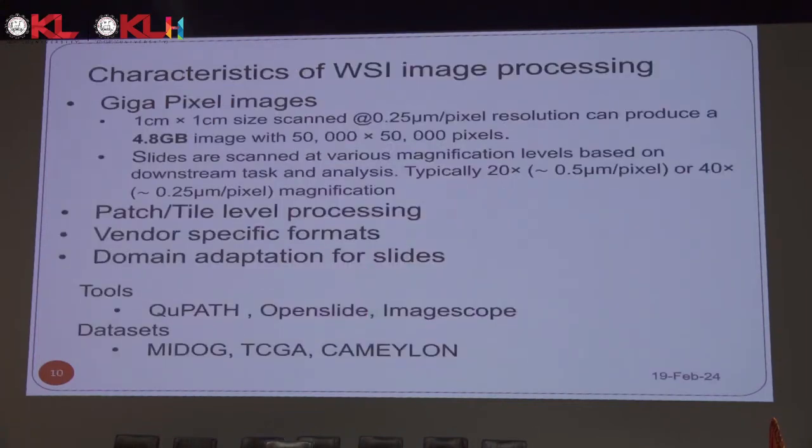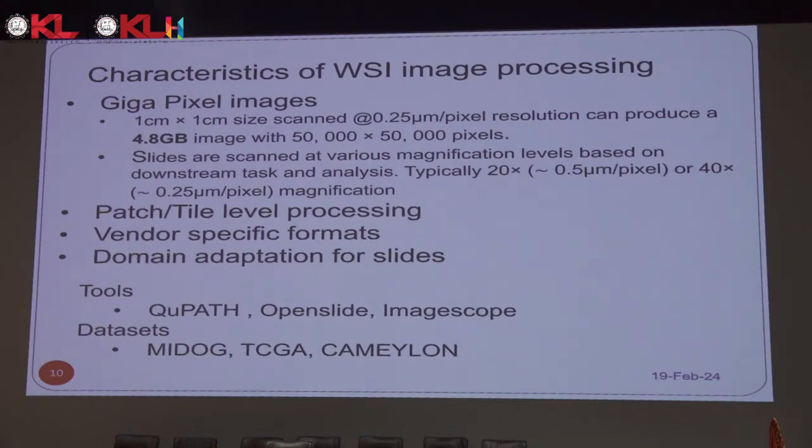So we have some characteristics of WSI image processing. It's not the typical image processing that happens. A 1 centimeter size biopsy tissue can produce a 4.8 GB image, which is 50,000 cross 50,000 pixels. And slides are scanned at various magnifications, based on what is to be detected.